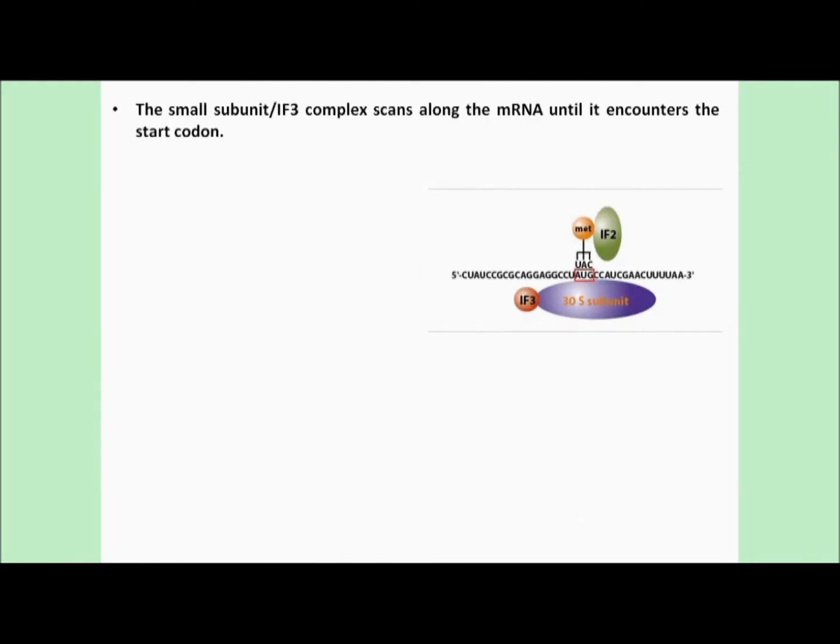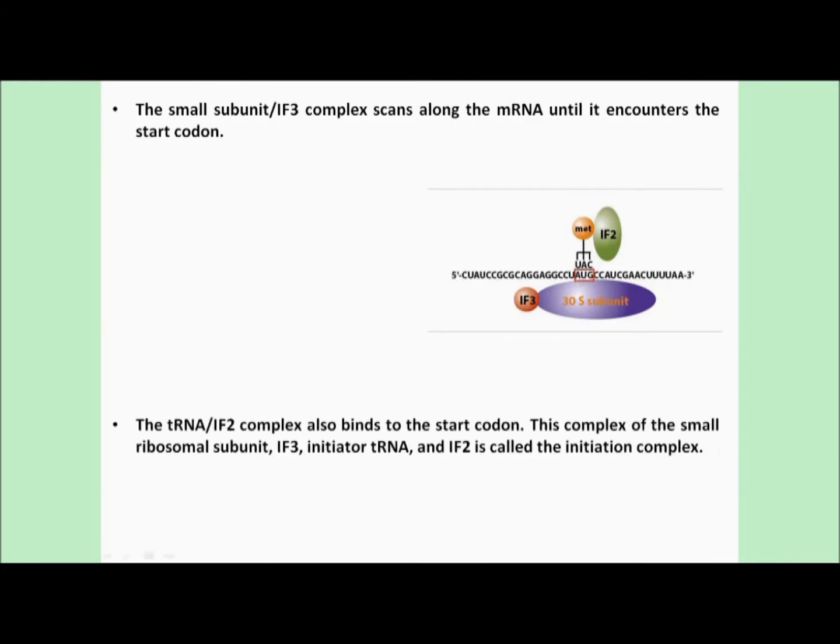Again, you see the small subunit and IF3 complex. Now it scans all along the mRNA until it encounters the start codon. What is the start codon? It is the AUG. Once it gets the AUG, the initiation of translation will start.